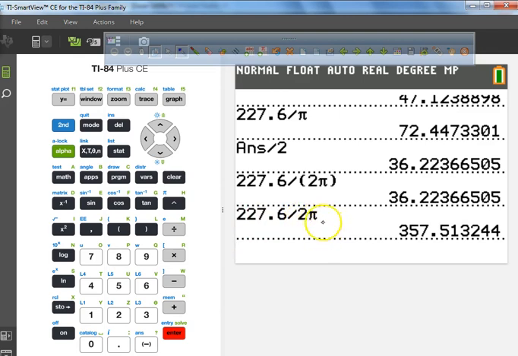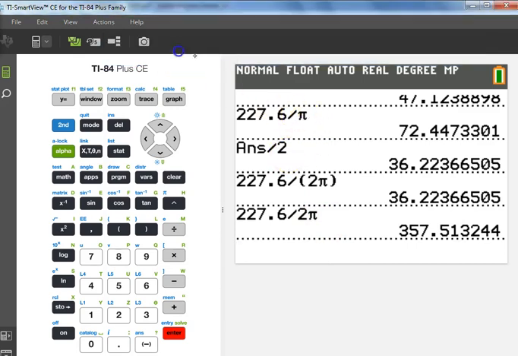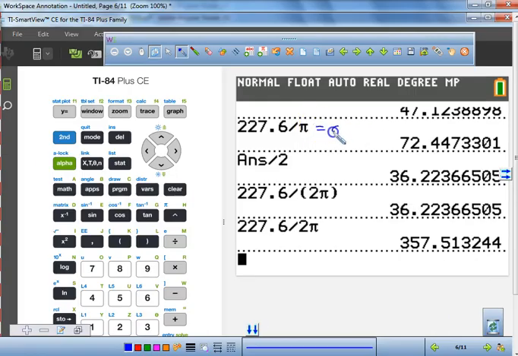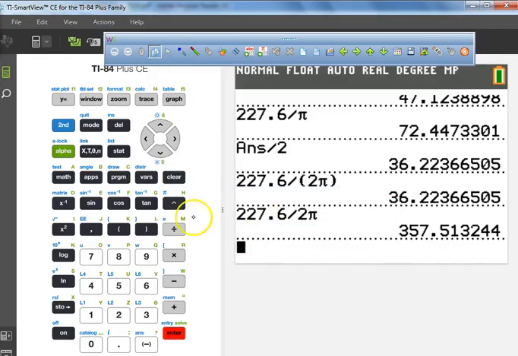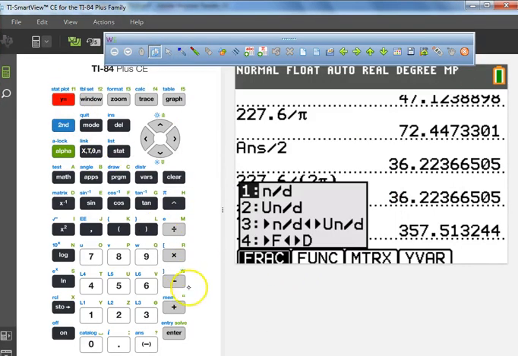So what's my suggestion? Divide it by pi, then divide it by 2. Divide it by pi to get your diameter. Then divide your answer by 2 to get your radius. Okay? Or what would you have to do? Use parentheses. Now I know some of you out there are like, well, just use the alpha y equals button.